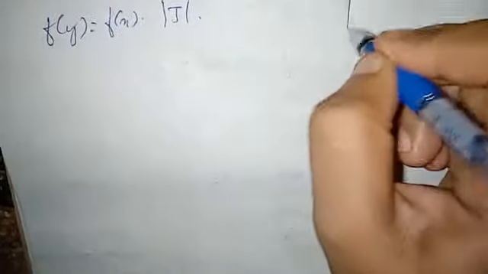Then we have to write the density of y, that is f(y) equal to f(x) times the Jacobian. What is the Jacobian here?